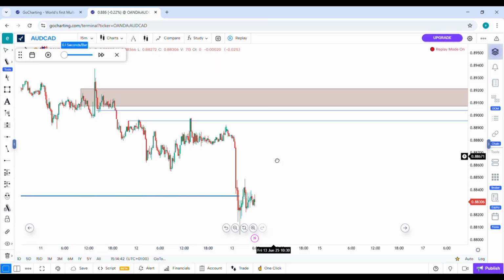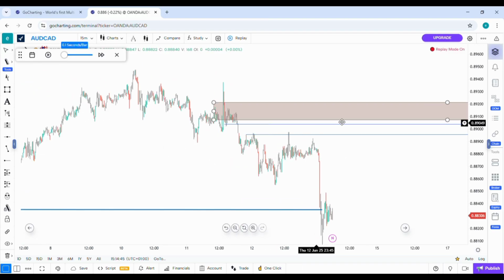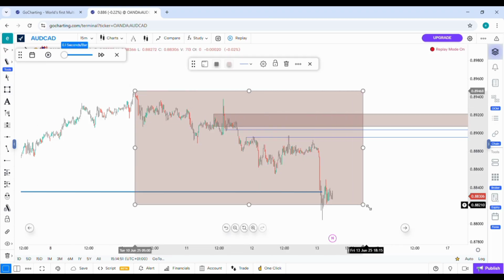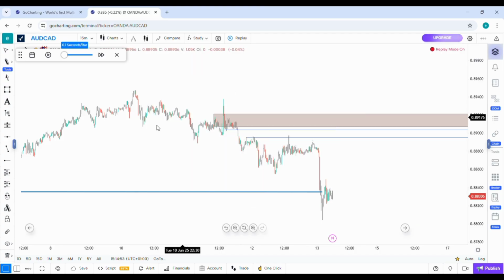Now let's also understand the market price action of this 15 minutes time frame from this particular area here down to this particular area here to consider the market movement of price. Now when looking at that particular place, this is a break of structure over here. This is also a break of structure over here.